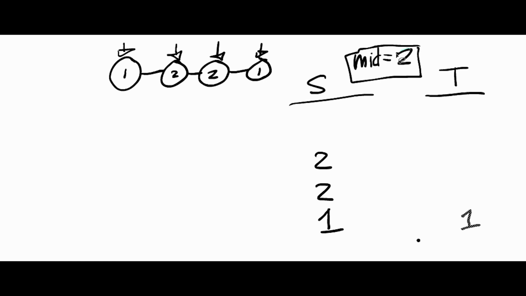That's the first one, and now mid is going to be 1. And so we pop off another time, and it's going to be here, and then mid is going to be 0.